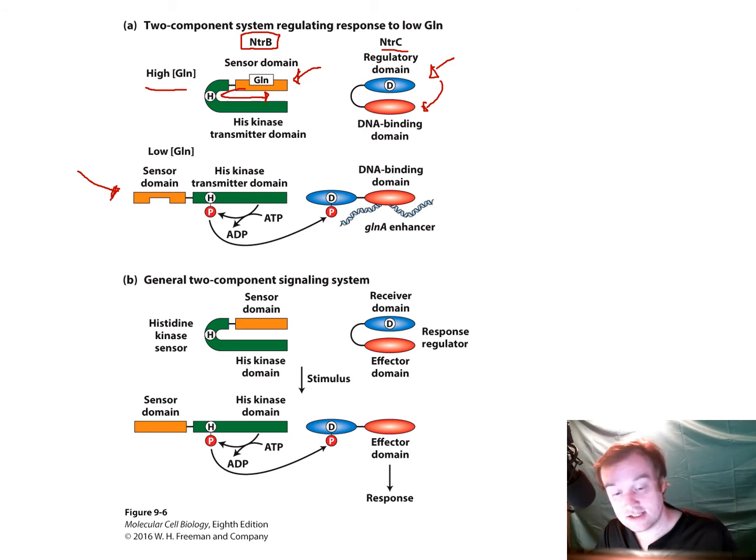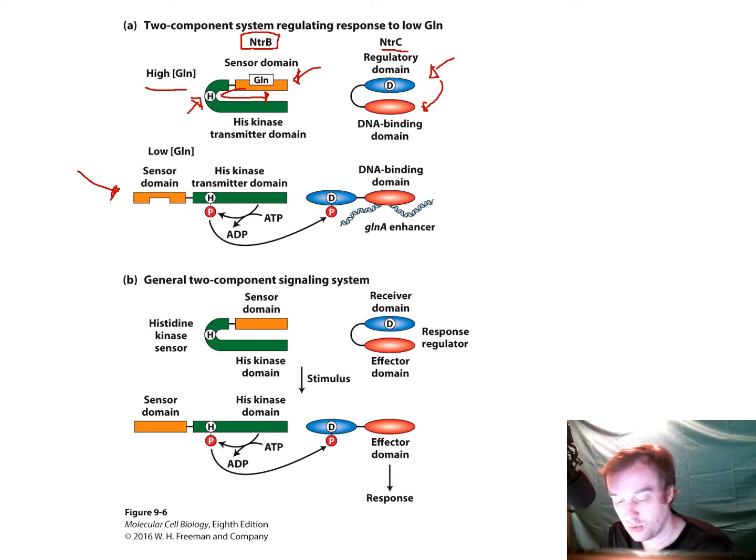That causes phosphorylation through a protein kinase transmitter domain that transfers a phosphate to a conserved histidine. And this conserved histidine is this H here.